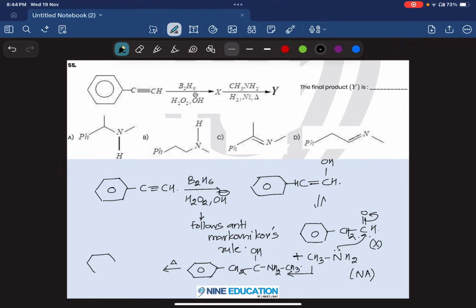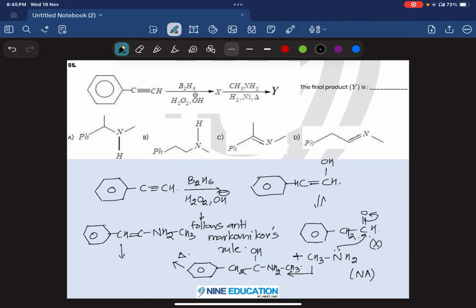So here, dehydration is happening, alpha-beta elimination simply, forming a C double bond C. Here, CH double bond C, NH2, CH3 is formed upon heating. This is what happens upon heating.